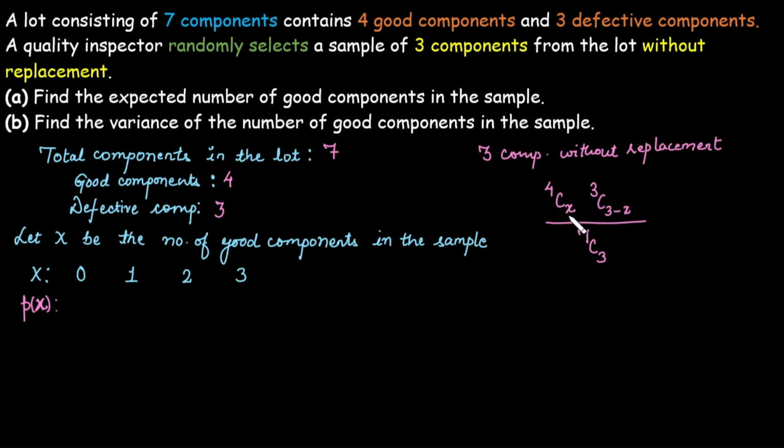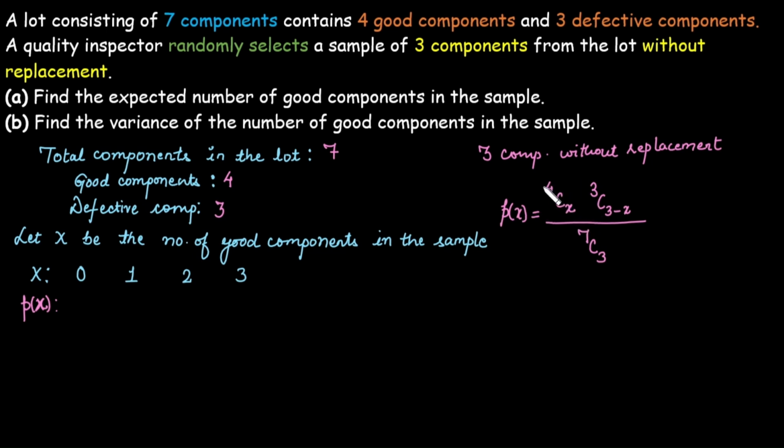And if we are getting only one good component, it means we are selecting 2 defective. Similarly, you can calculate for 2 and 3. Now we will use the product rule because if we select one good component, the rest 2 will be defective components. Both are related, they are not different. That's why we are using a product rule. So this is how we can calculate the probability for the value of x.